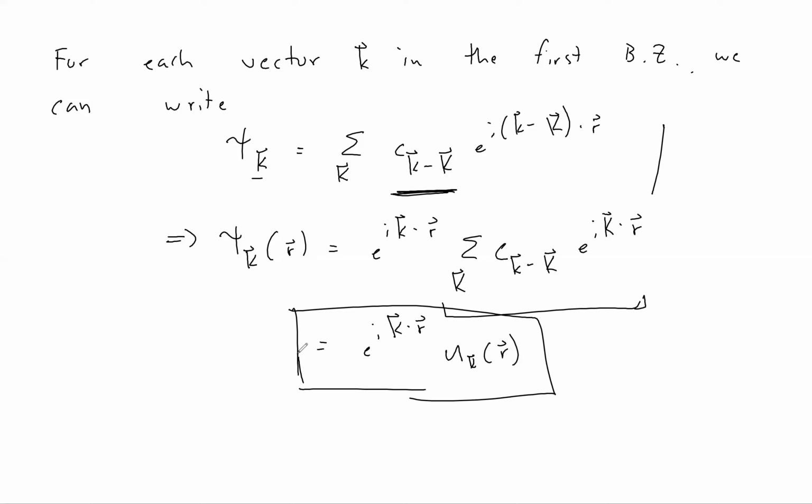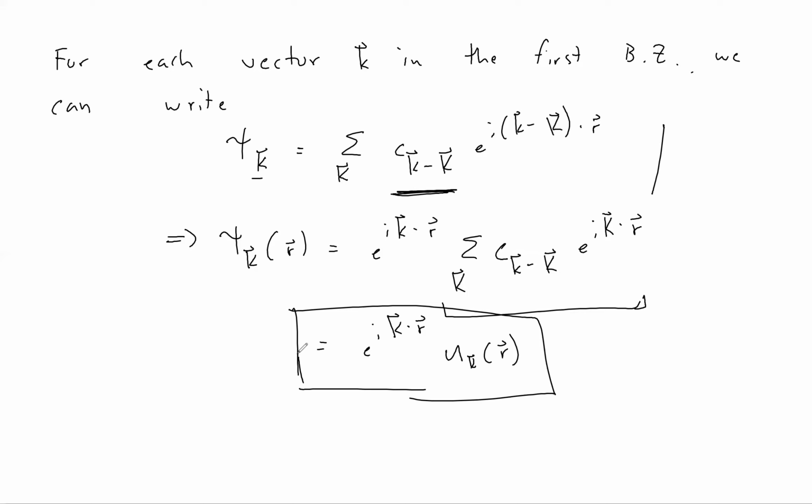So let me emphasize that this works because we've chosen the value of little k to lie in the first Brillouin zone. Remember, the essential step was that it was only the coefficients with wave vectors differing from little k by a reciprocal lattice vector that are coupled together by those equations.